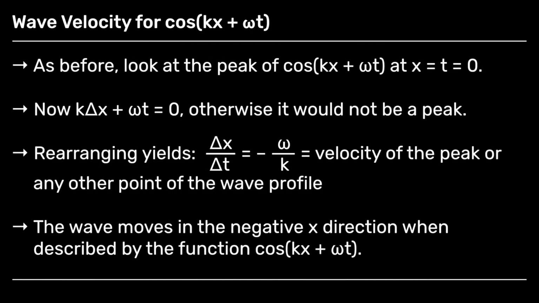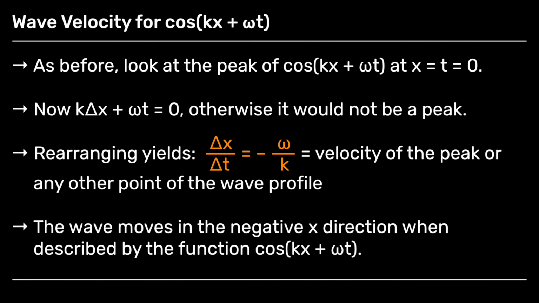Let's do the same thing now with cosine kx plus omega t, once again starting at x equals t equals 0. In this case, we must have k delta x plus omega delta t equals 0, and that leads to delta x divided by delta t equaling minus omega over k.